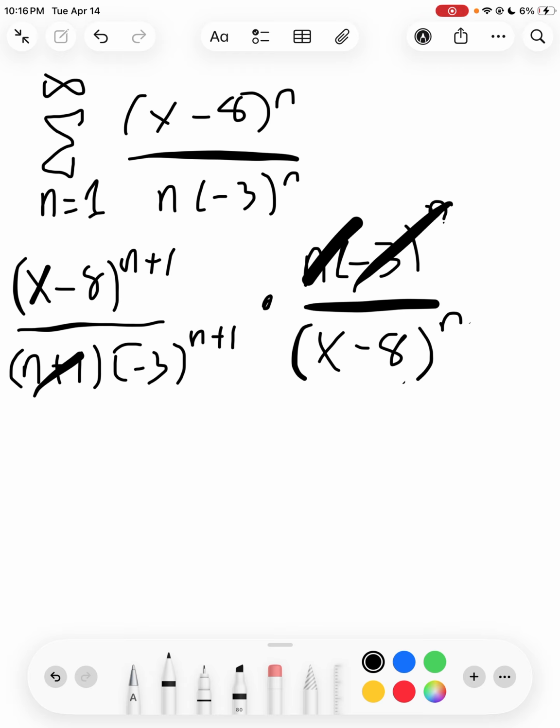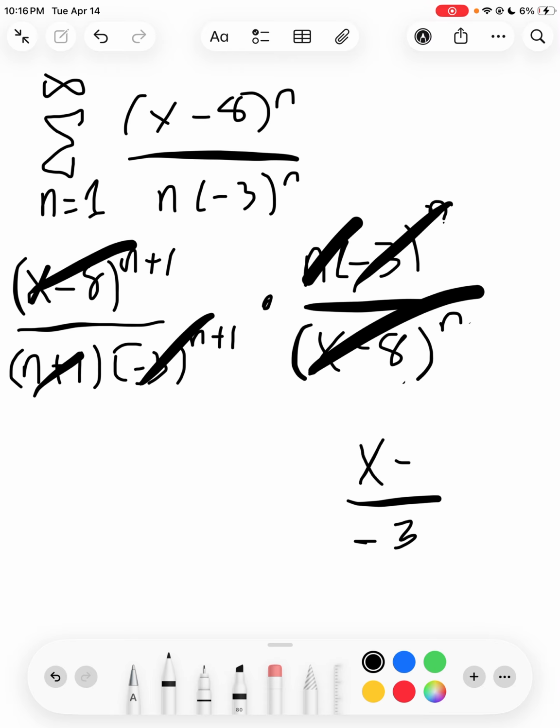The 3 to the n's cancel out, so you're just left with negative 3 to the first power, which is just negative 3, and that was in the denominator. And then you're left with x minus 8.